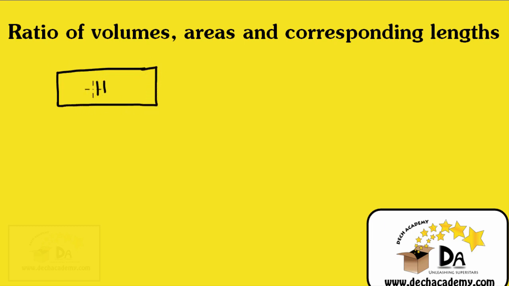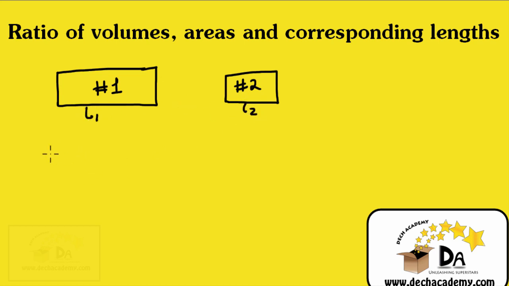This is rectangle 1, and this is rectangle 2. You know that these two rectangles are similar. You can just pick any side. I'll call this side the length, L1 and L2.